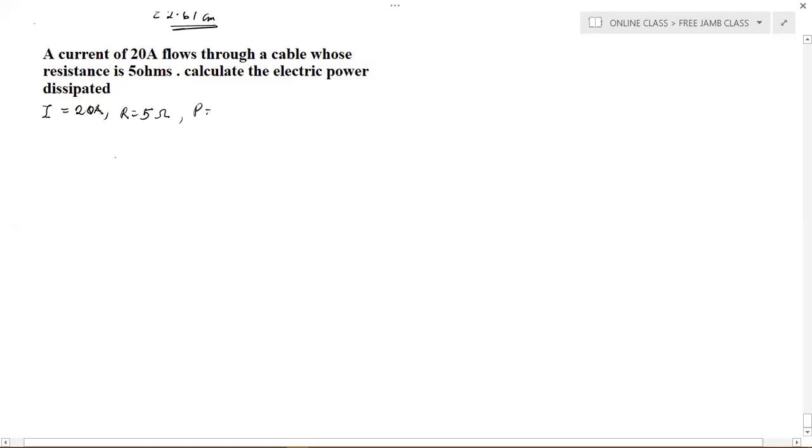P is unknown, but P is I squared R, which is 20 squared times 5, which is 400 times 5, and that is equal to 2000 watts, which is 2 kilowatts.